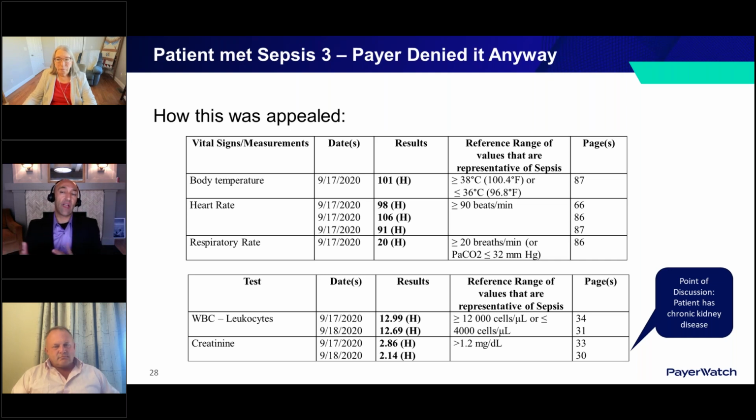What they were trying to do with SOFA is to capture not only people coming from the community who are healthy or maybe not healthy, but also in the hospital, because we miss a lot. It's very easy to miss sepsis when you're already in the hospital. If you have somebody with cirrhosis, right, or they have kidney failure already, and then they become septic, those are more difficult to parse out.